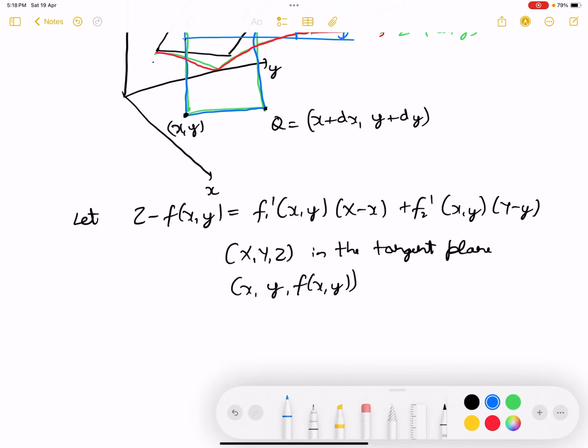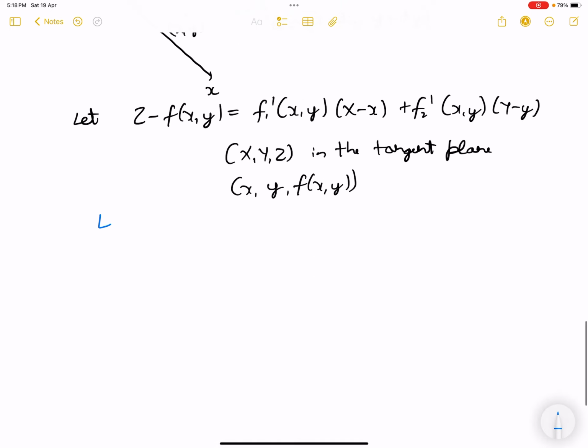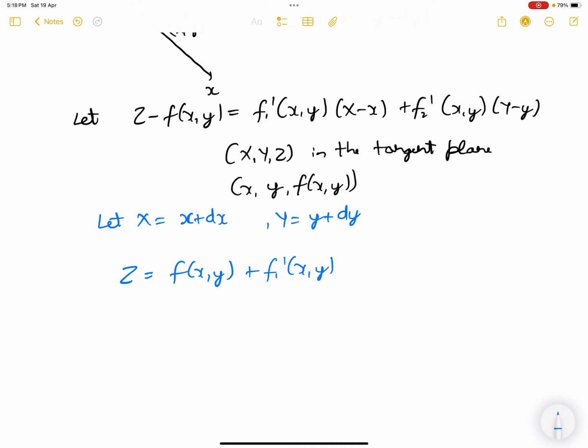Now let capital X equals small x plus dx and capital Y equals small y plus dy. अब इसको वैल्यूज पुट करेंगे तो what we have is z equals f of x y plus f1 dash x y and X minus x would be dx. Similarly, this would be dy.